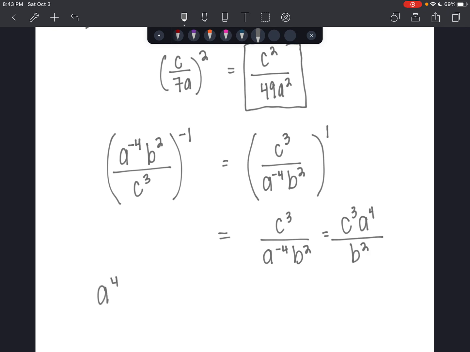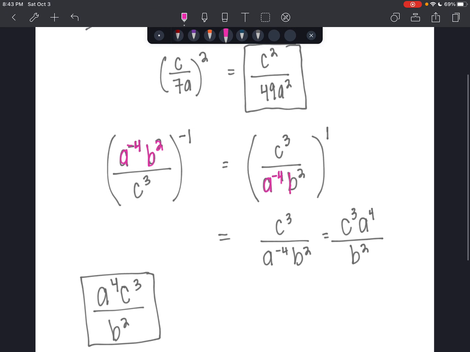So my final answer in alphabetical order is a to the fourth c cubed over b squared. The important takeaway here is this a to the negative 4 does not become positive 4 because that entire numerator just stays the same. It just moves to the denominator to impact this negative exponent.